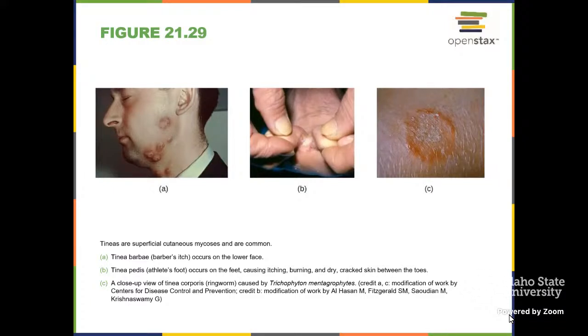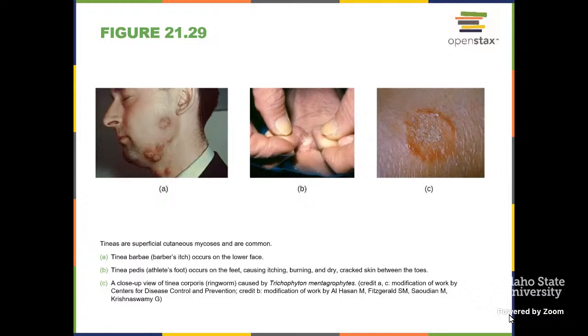And you can go to the store and pick up some athlete's foot spray over the counter. You don't need to go to the doctor to deal with that stuff, although you may think you do, right?